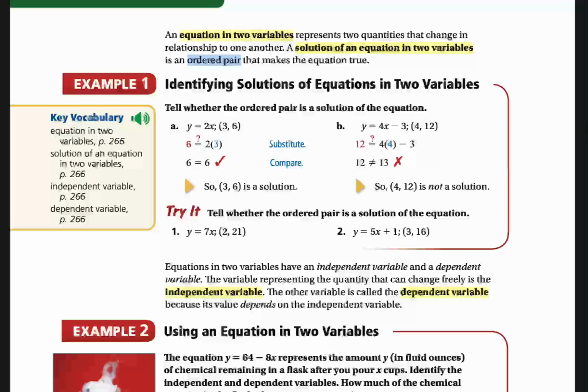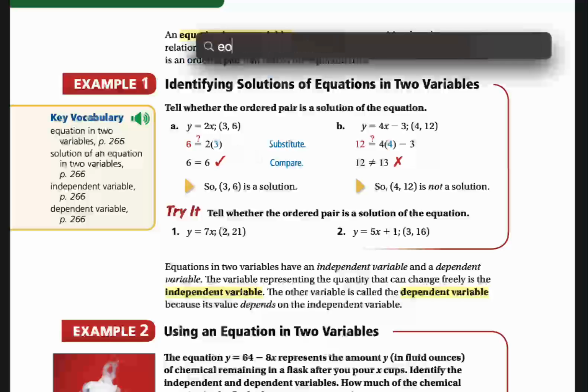Let me show you just a second. Oh, this is not working. Okay, I will show you the ordered pair, but we can see it in example 1 here.